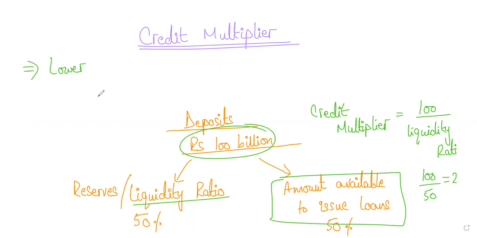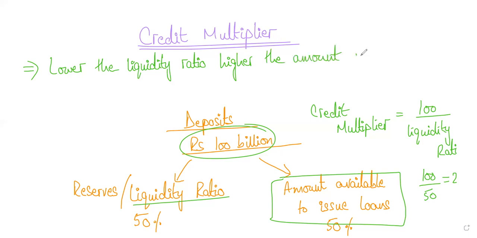So this is what you need to remember. Lower the liquidity ratio, higher the amount of loans issued, right? Is it simple?